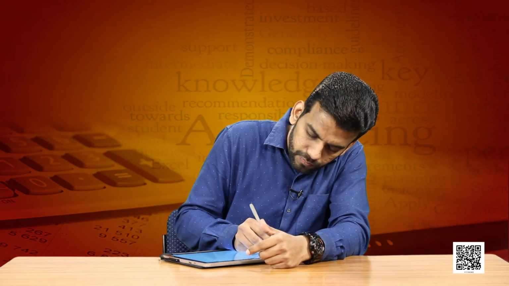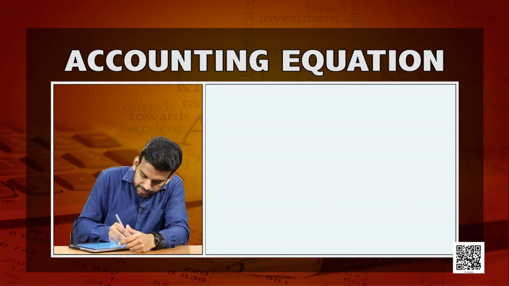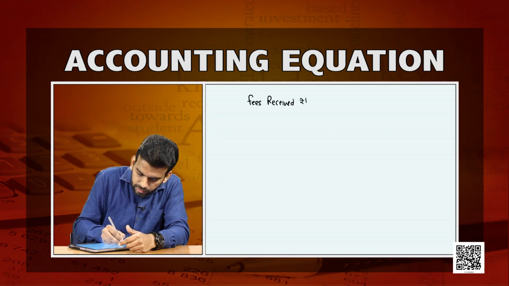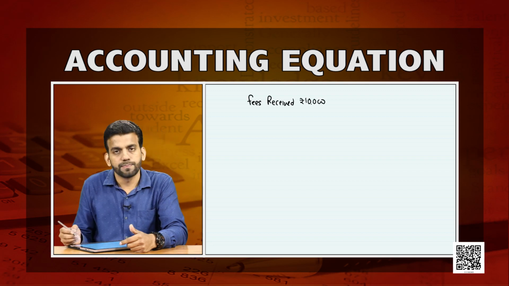Now, let's start with incomes. Students, as a tutor, as a teacher, my main source of income is fees. When I receive fees, it makes a very simple entry like this. Fees received rupees 10,000.